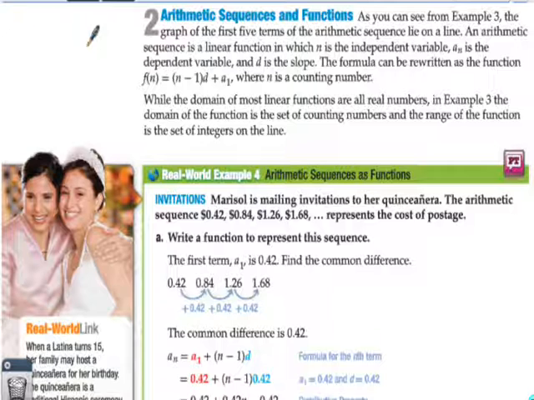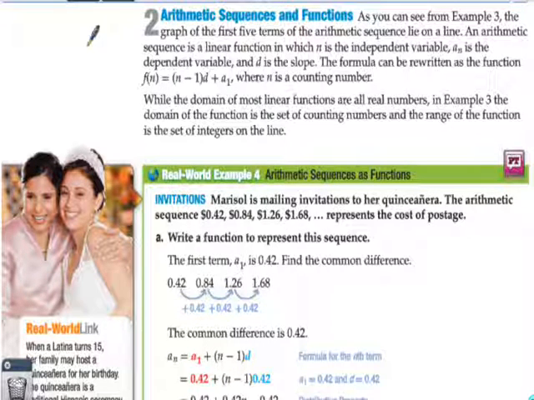Sequences and functions now. Okay, so let's take a look. As you can see from example 3, the graph of the first 5 terms of the sequence lies on a line. The arithmetic sequence is a linear function in which n is the independent variable, a sub n is the dependent variable, and d is the slope.